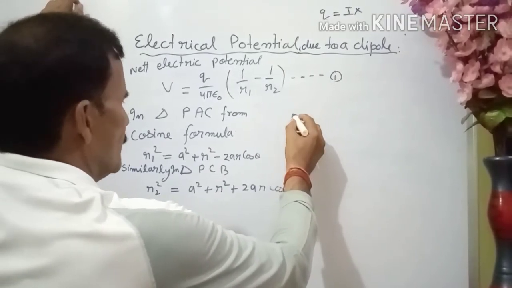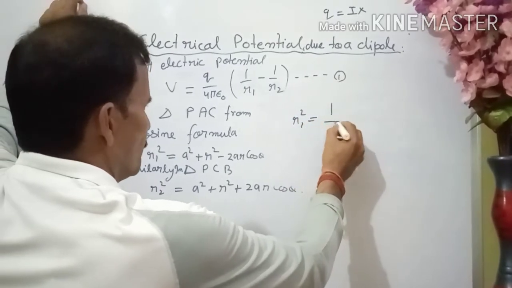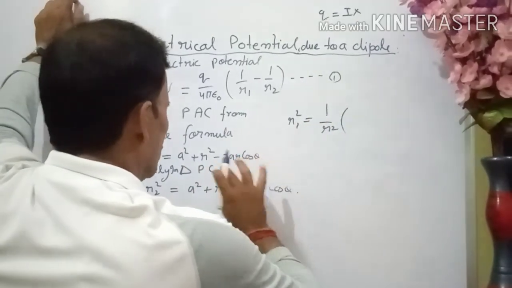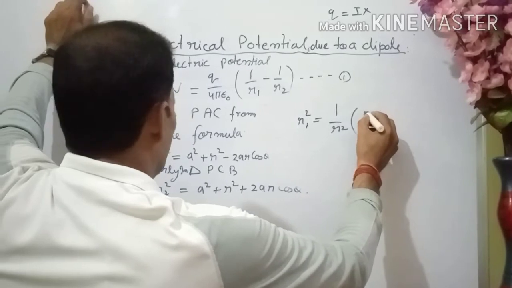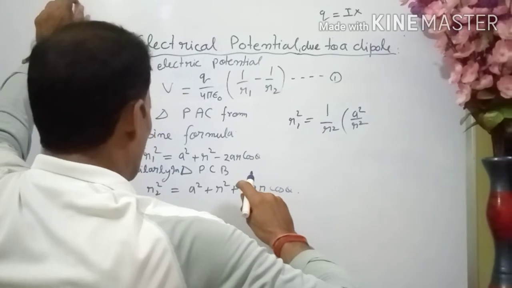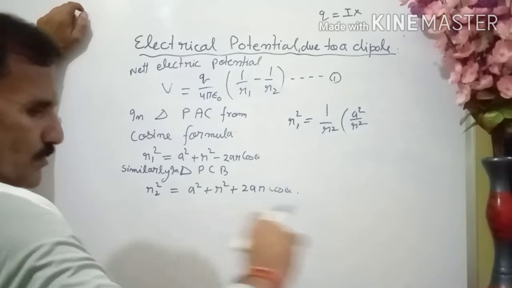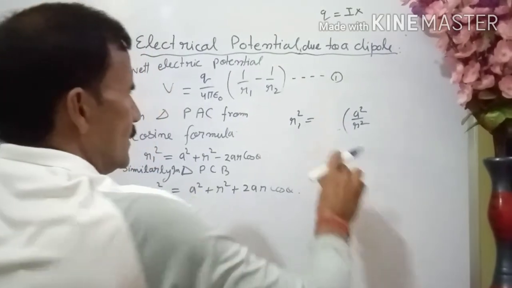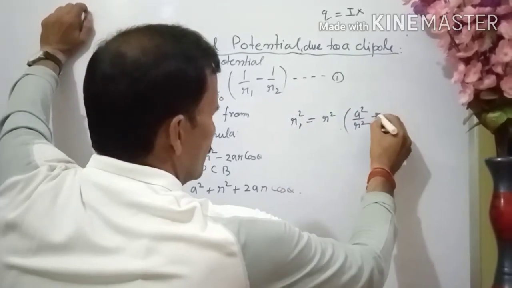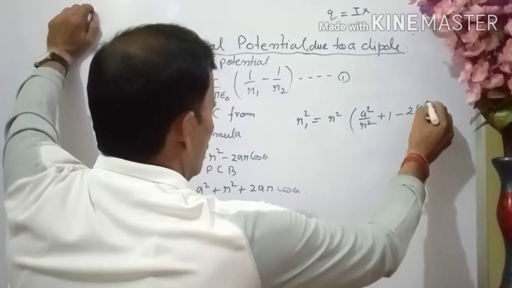Then r1 square upon r square is equal to 1 plus a square upon r square minus 2a upon r cos theta.